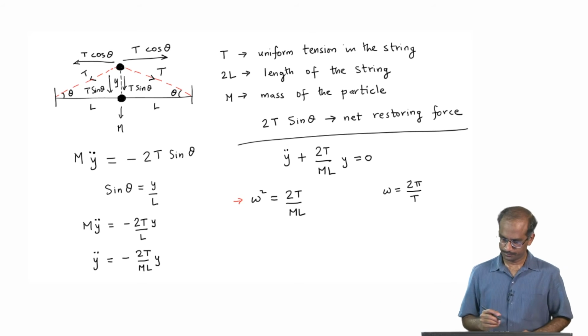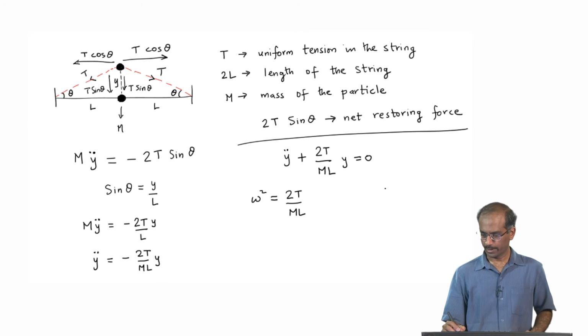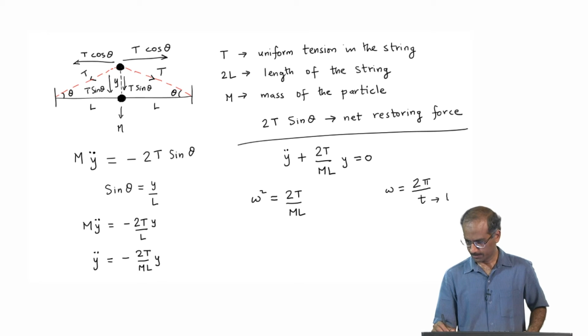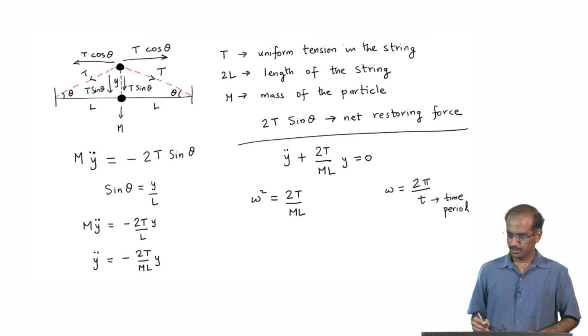Omega is the angular frequency, defined as 2 pi by small t, because I am using capital T for tension. So, small t is the time period that I want to find out.